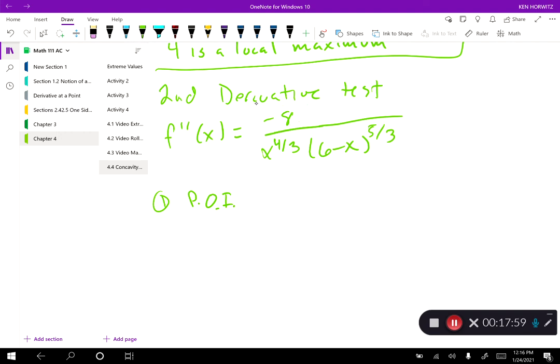So we only need to look for where our second derivative is undefined, and it's undefined at x equals 0 and x equals 6. So those are the only two possible points of inflection. I say possible because if the concavity does not change, we can't count it as a point of inflection.